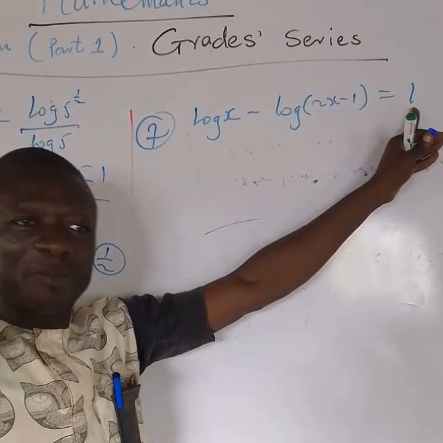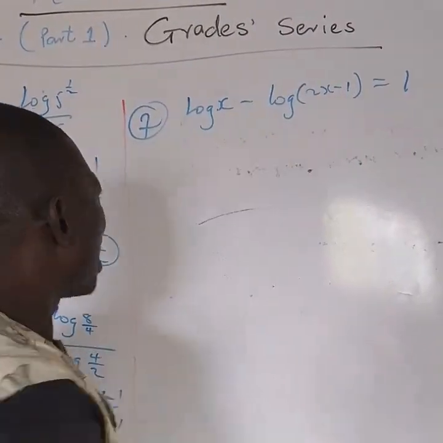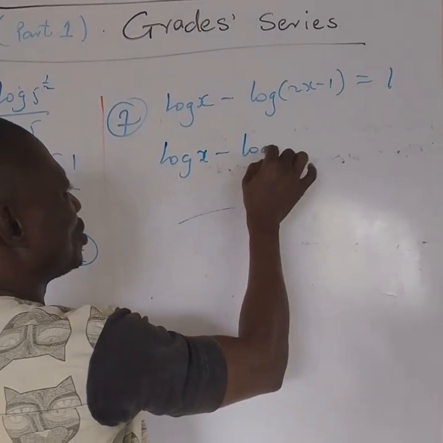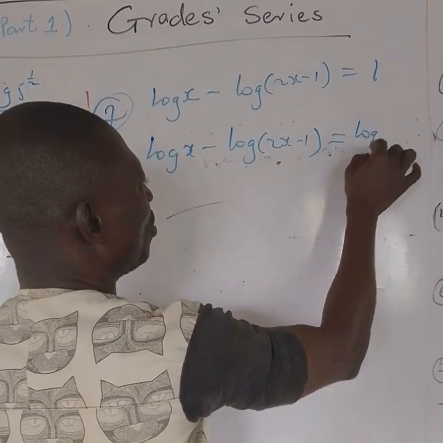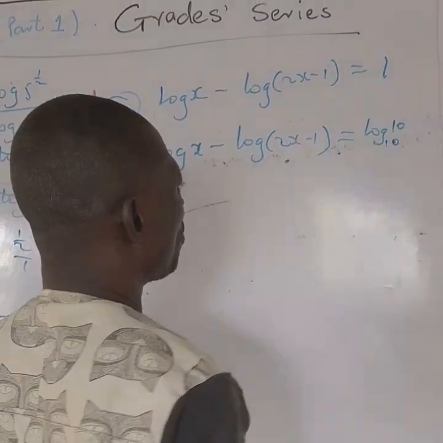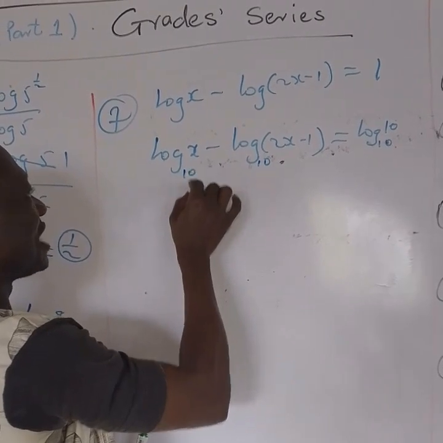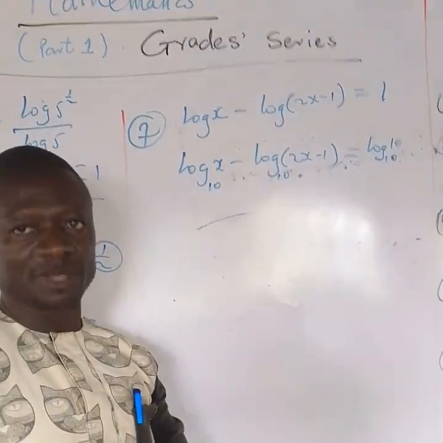Because log of any number on its base is 1. Therefore, we can express this as log x minus log of 2x minus 1 is equal to log 10 in base 10. We're expressing base 10 because we are sure that others are also in base 10, as any log with that base is automatically in base 10.